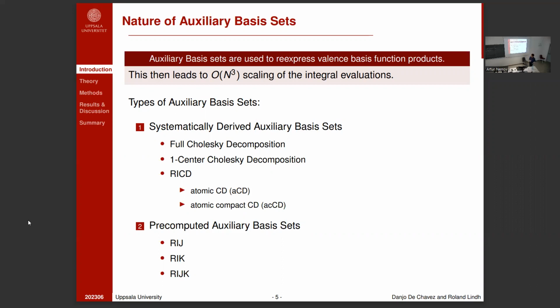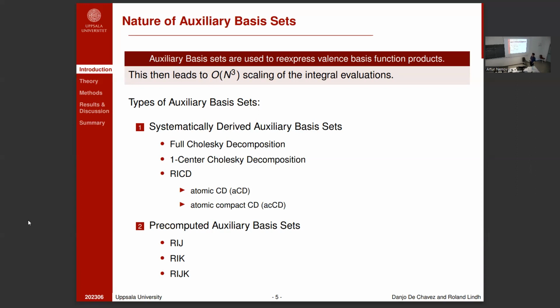For ACD, which is developed by Roland and other colleagues, you have atomic CD and then atomic compact CD, wherein ACCD is just the removal of linear dependence from atomic CD by a subsequent Cholesky decomposition step.